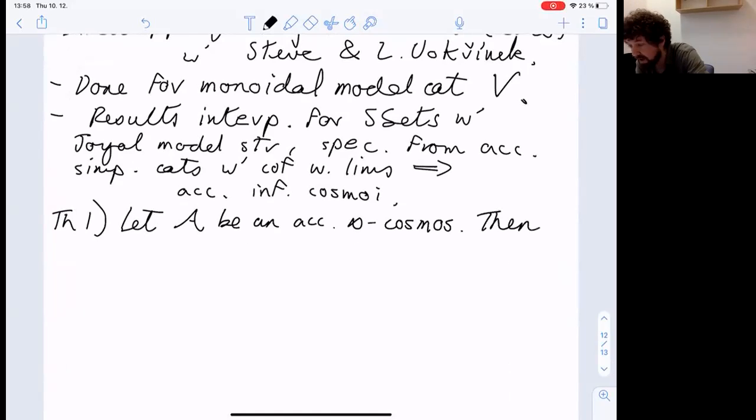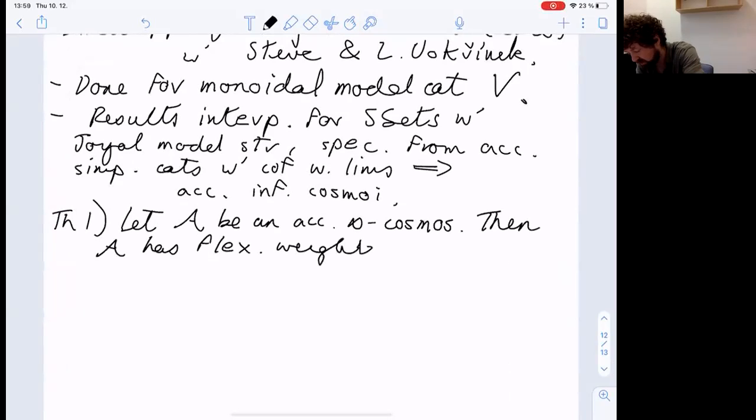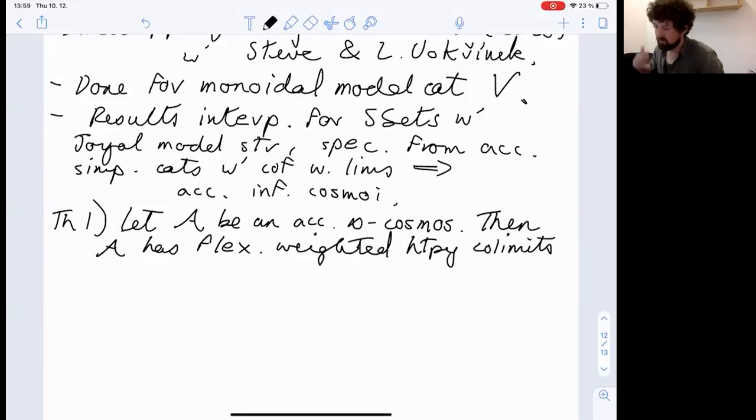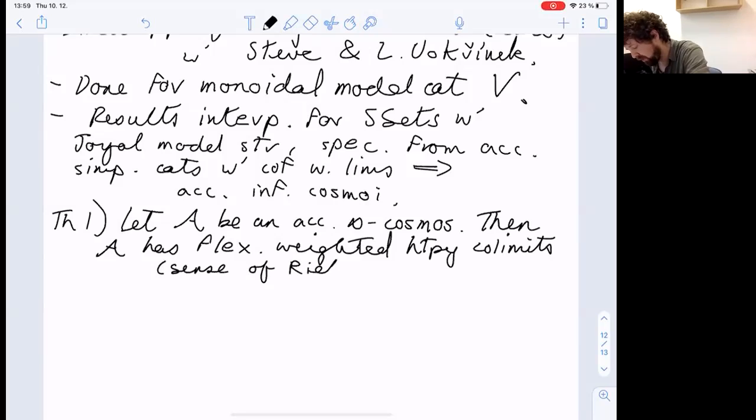So suppose you have an accessible infinity cosmos, then A has flexibly weighted homotopy colimits, which are the appropriate notion of homotopy colimit there. In fact, we prove rather more than this.